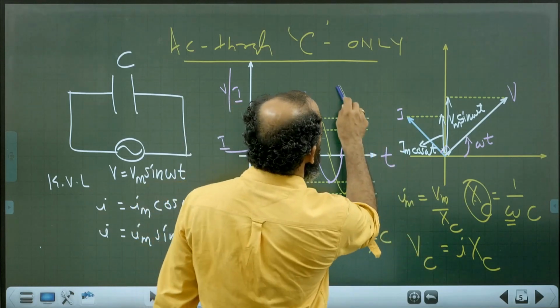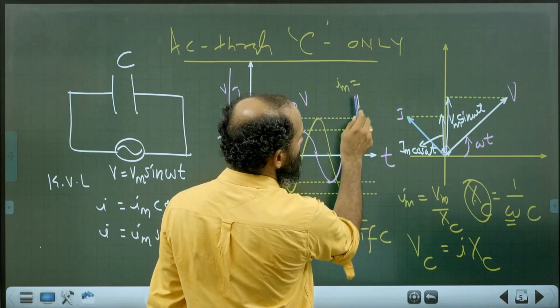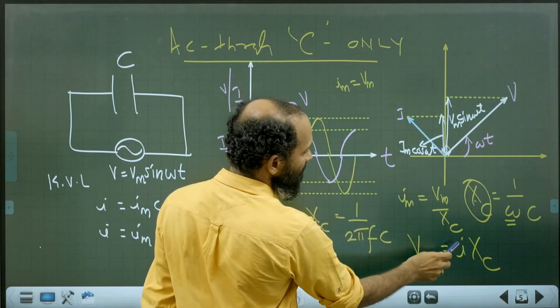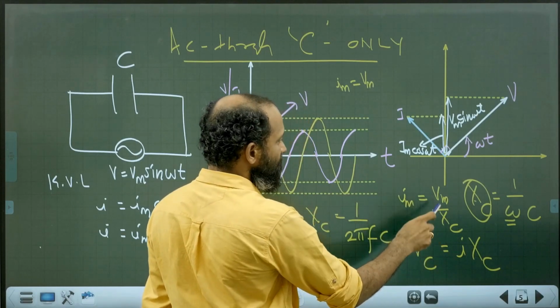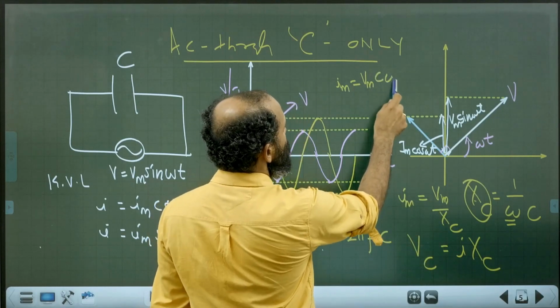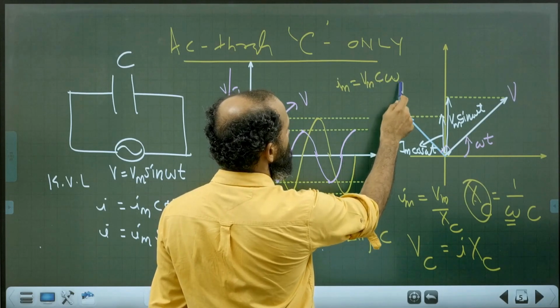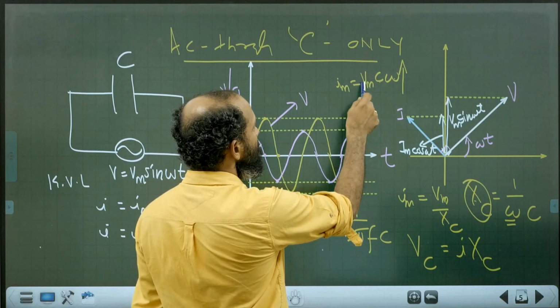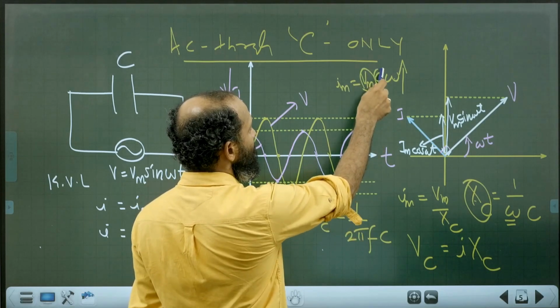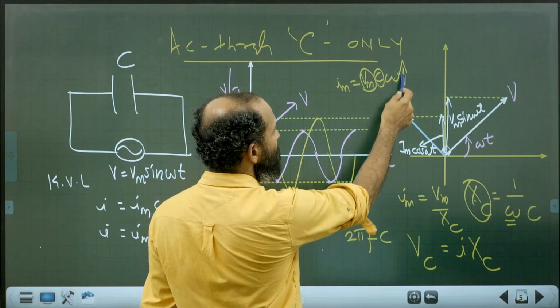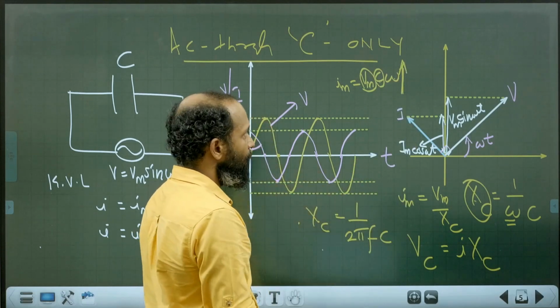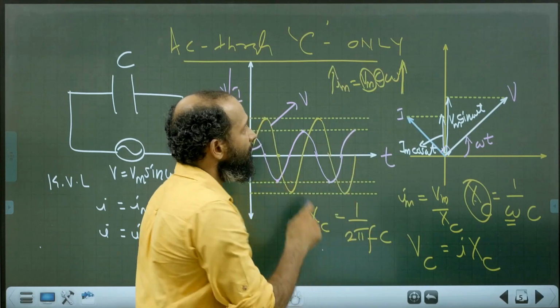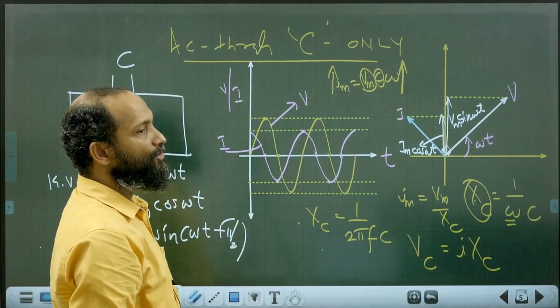So the maximum amplitude of current Im can be written as Vm divided by Xc. But Xc equals 1 by C omega, so Im equals Vm C omega. So when you increase frequency alone, keeping the amplitude of voltage and capacitance constant, you will get increasing current. Im varies directly with omega.